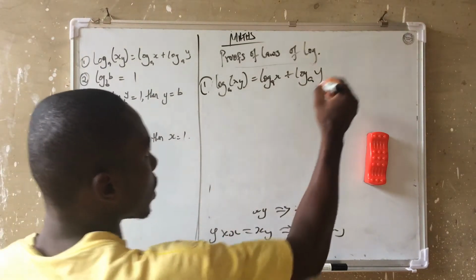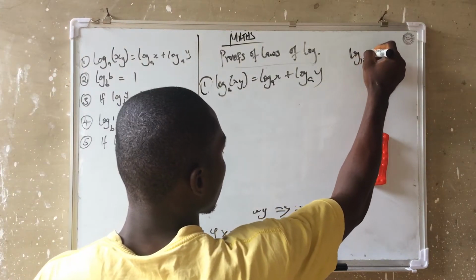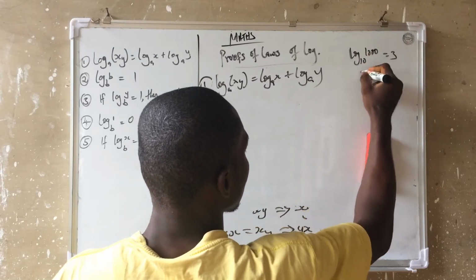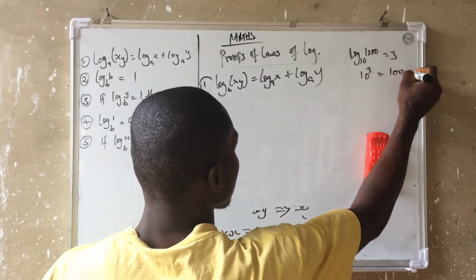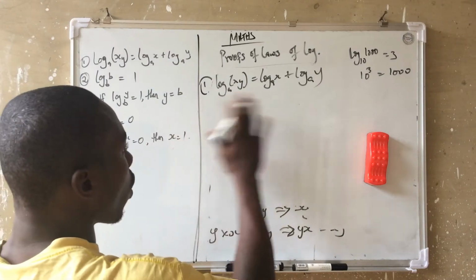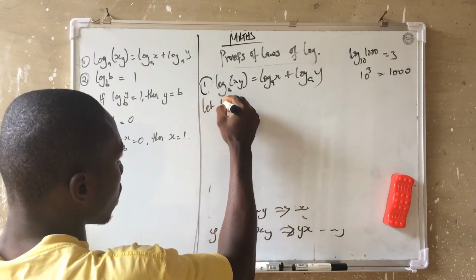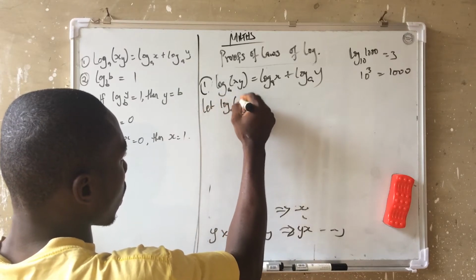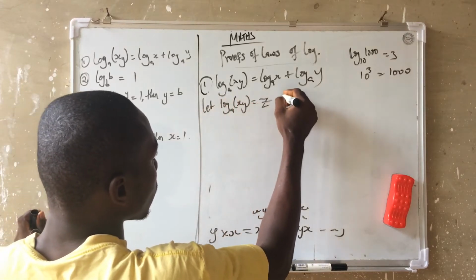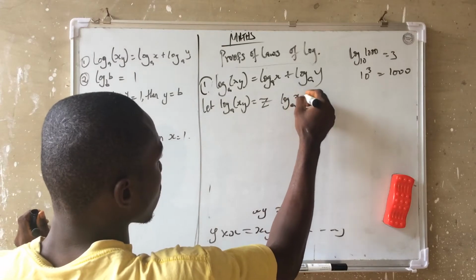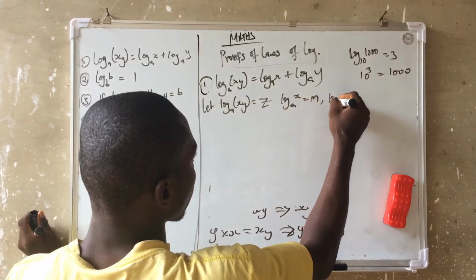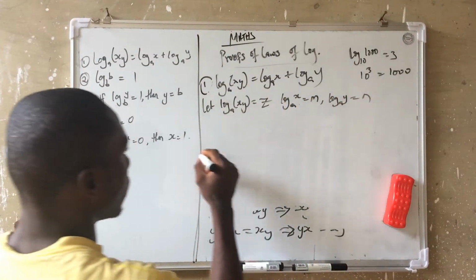Now, using that same idea, log base 10 of 1000 equal to 3, 10 to the power 3 equal to 1000, I'm going to do it to everything here. So I say let log a of xy equal to z, log a of x equal to m, log a of y equal to n.